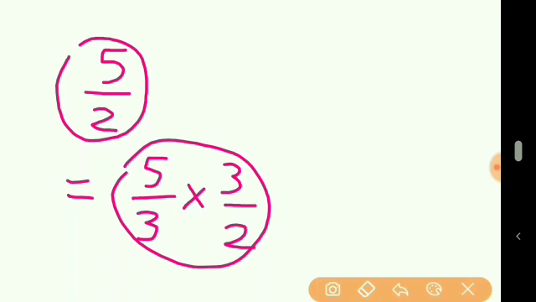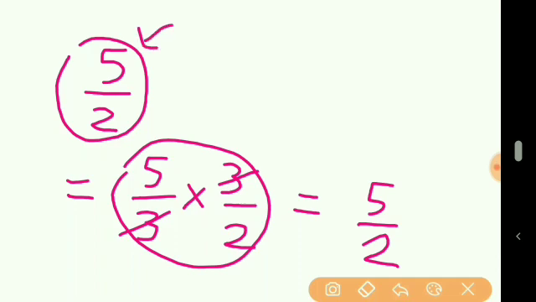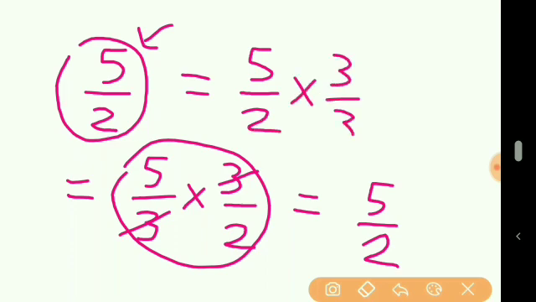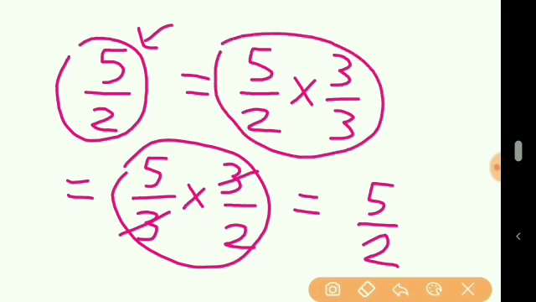So we'll find that these two are equal only, because again we can cancel 3, and this results once again in 5 by 2. So if I write this 5 by 2 in this way, multiplying and dividing by 3 and writing the same term in this way, that is correct only.